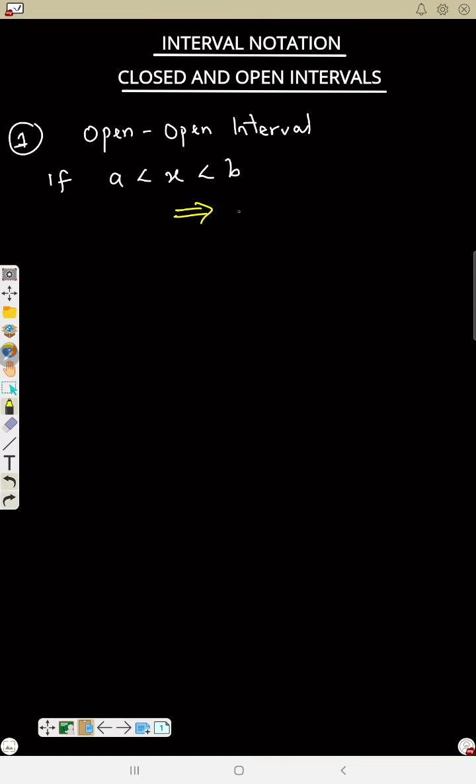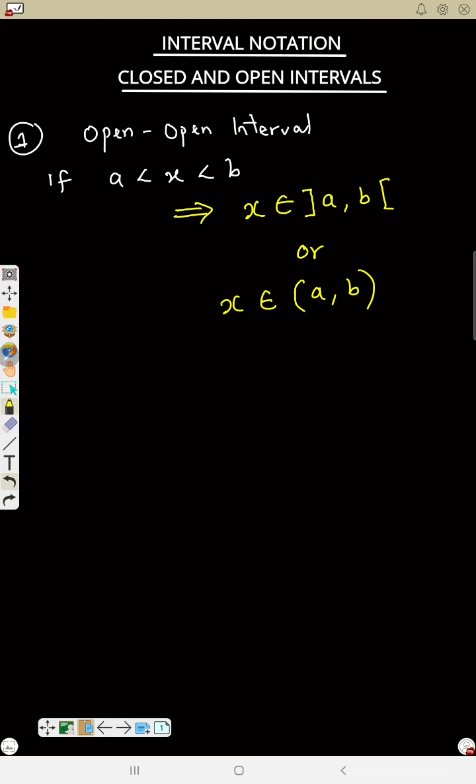If I want to represent this in interval notation, I'll write it as x is a member. So I can do it this way, use this bracket, a comma b, or I can write it this way, x is a member, then use this bracket, a comma b, close it. Please study this notation.